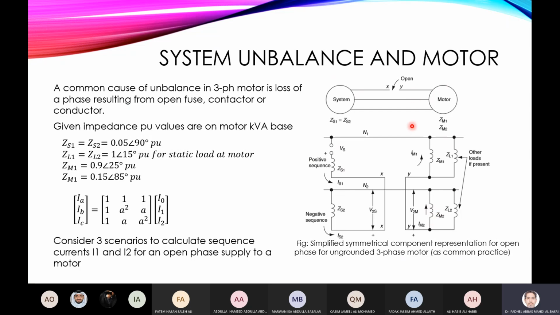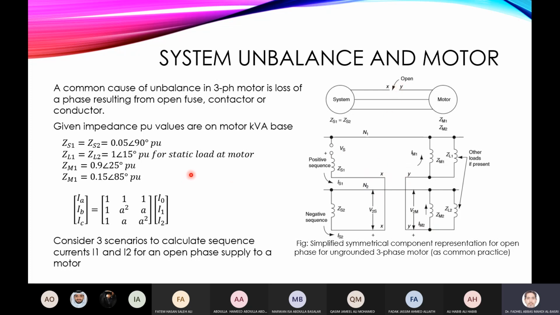Suppose I have another parallel static load with the motor, I can also add it here. And we connect these in series at the fault point. So this now represents the sequence network to analyze an open phase.